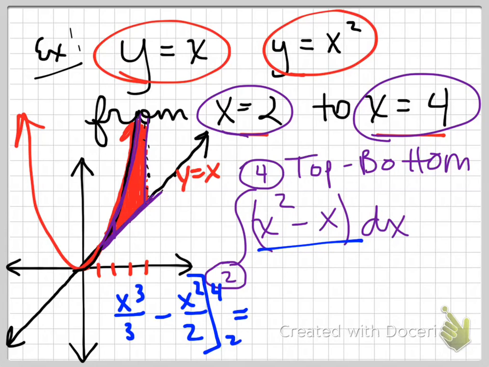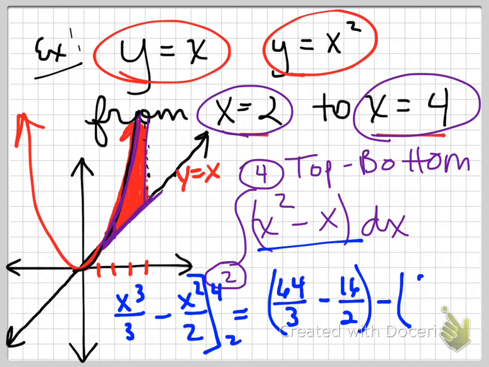So I'm going to plug in 4 first, which would be 64 thirds minus 16 halves, which is 8. And then when I plug in the 2, I'm going to have 8 thirds minus 4 halves, which is 2. So I've got 64 over 3 minus 8, and then minus 8 thirds and minus 2 is inside there.